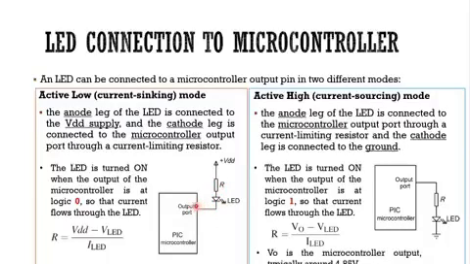So this type of setting we call active low, and current sinking. The current coming from here will only go through the output port provided that the output is low, only 0, so then current can flow inside the microcontroller. So what is the value of R? You can see here the calculation.